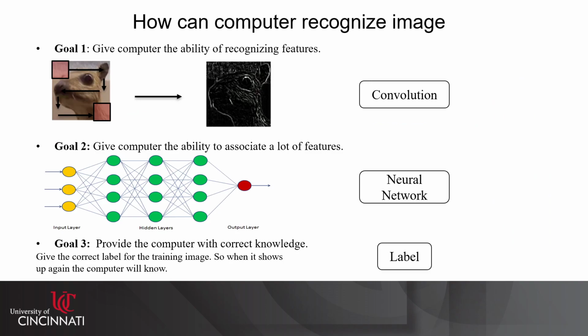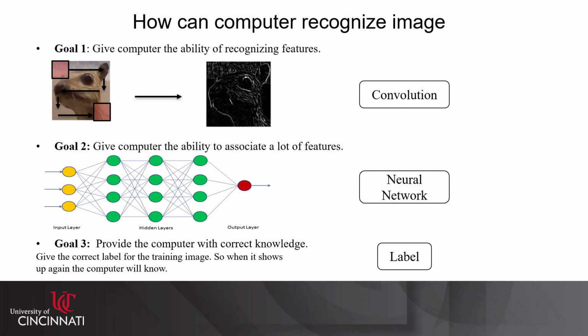Now let's go into the details of how a computer recognizes images. Just like we mentioned, we humans actually see different features from an image. We want to be able to do that with algorithms. So we use a computation method called convolution, and this really is the building block for all image recognition classification algorithms.